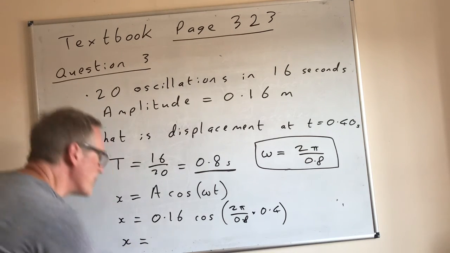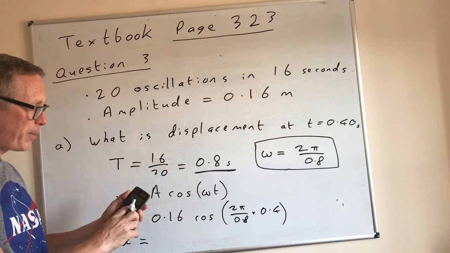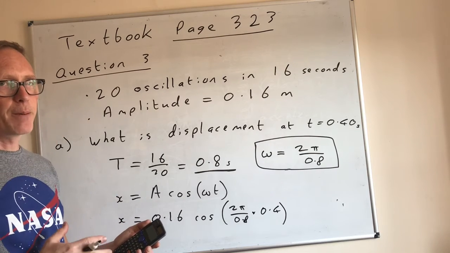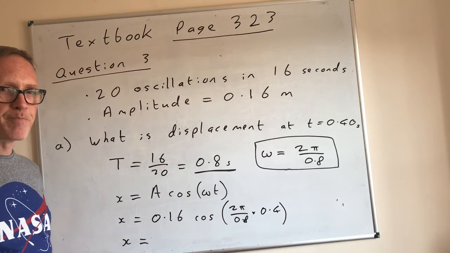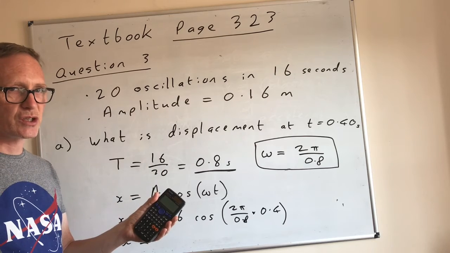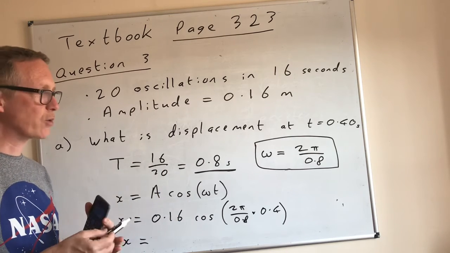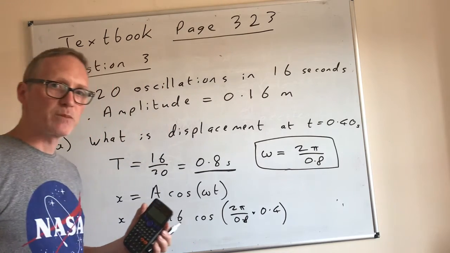Okay, now you can see this is now just a matter of putting the numbers in my calculator, but for people who are not so familiar with this particular style of problem, the calculator must now be in radians. So I'm going to put my calculator in radians in order to work out the answer for this problem.